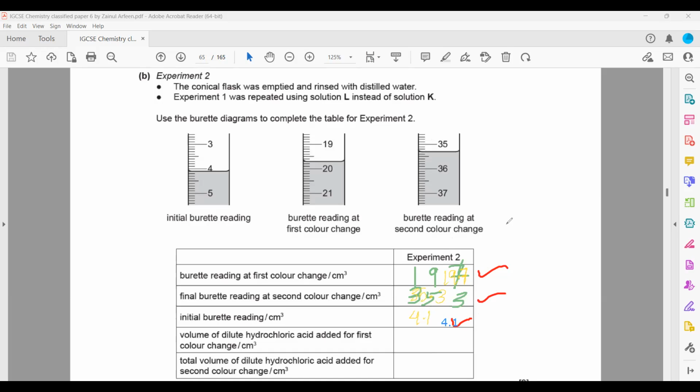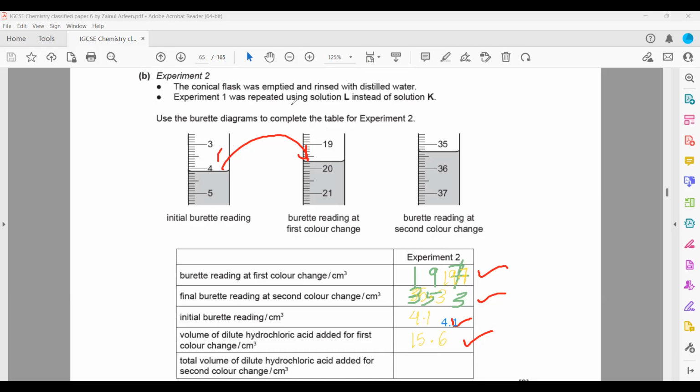Volume of hydrochloric acid added to the first color change. How much hydrochloric acid was added to the first color change? Like in this one, it changes from here to here. That's right, 15.6.